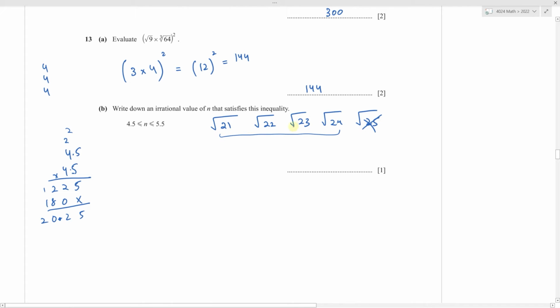If I take the square root of any of these, the square root value will be greater than 4.5 but less than 5 because square root of 25 is 5. If it's less than 5, then it's definitely less than 5.5 as well. So any of these square roots will give you an irrational number in this range that is required. So I'll just take here square root of 21.